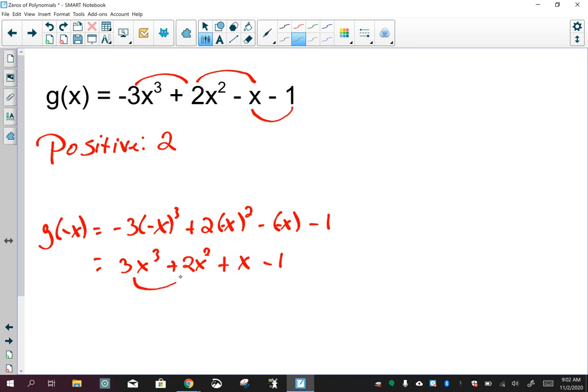So no sign change, no sign change, one sign change. So my negative gives me one sign change. And again, that makes sense because my max number of zeros possible is going to be 3.